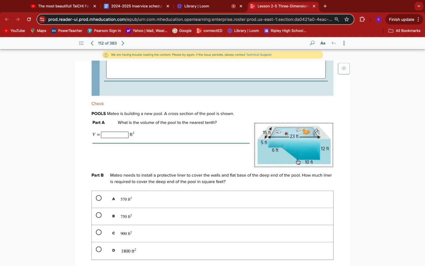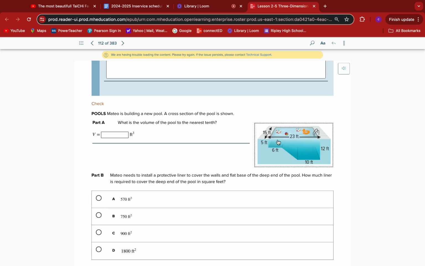So it's a 5, 12. Of course, the remainder of the 23 feet after you subtract the 6 and the 10, so 23 minus 16, and then you have to really kind of keep in mind that that's the same right here, and then possibly do the Pythagorean theorem to find that slant right there.